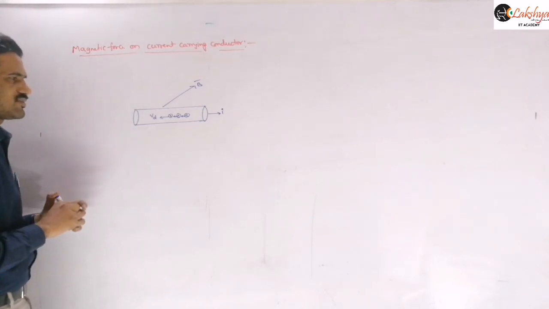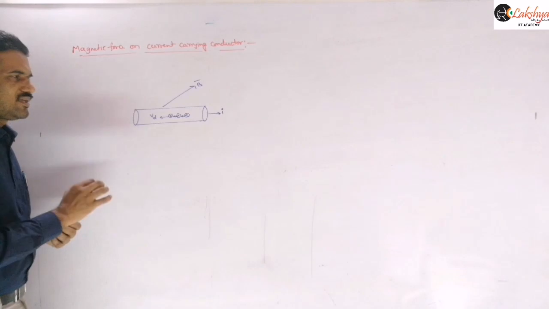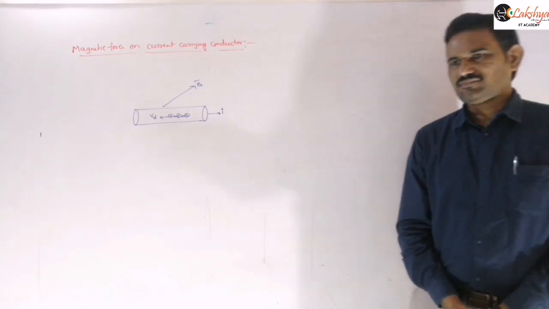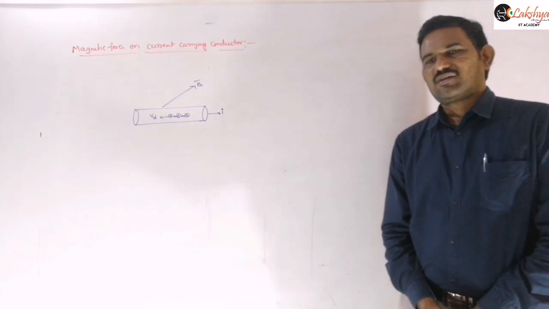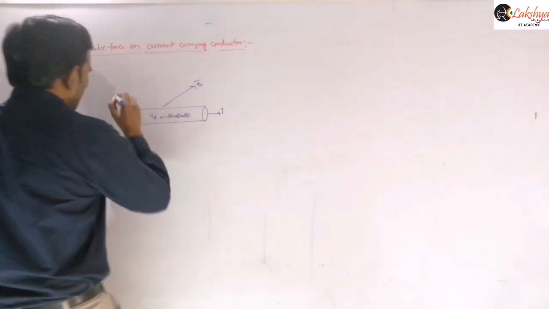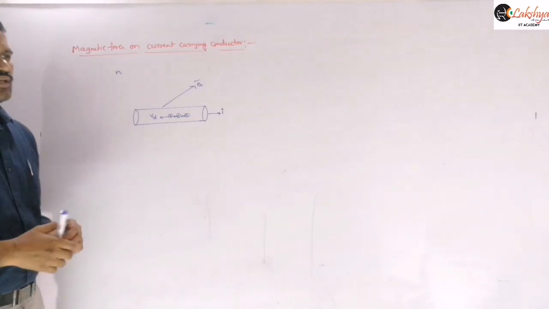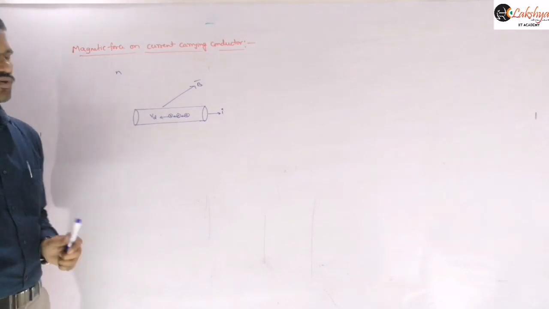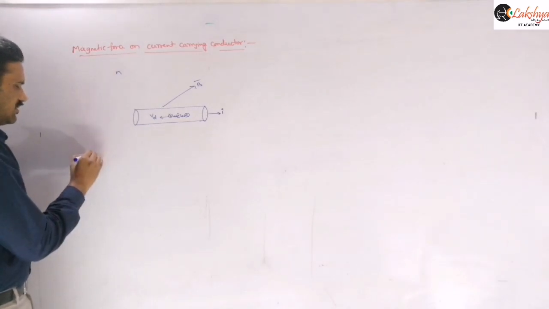Let us mention the assumptions: Vd is the drift velocity of the electrons, I is the current flowing through the conductor, and n is the number of free electrons or conduction electrons per unit volume, right? Those are the assumptions we are considering.